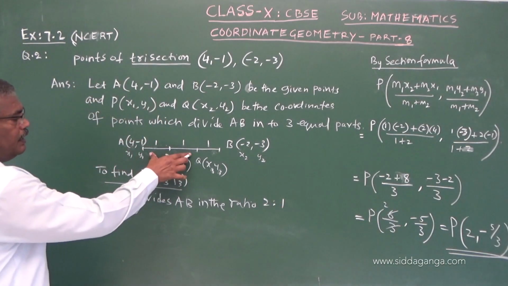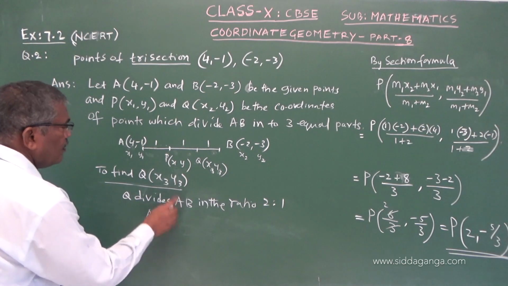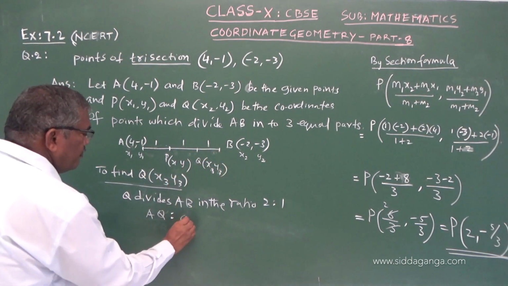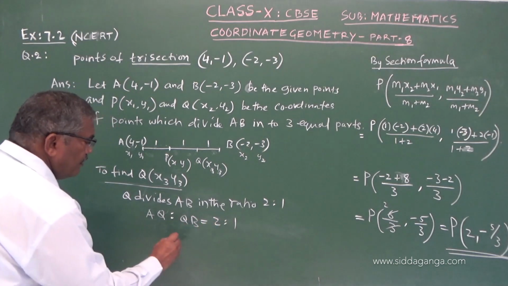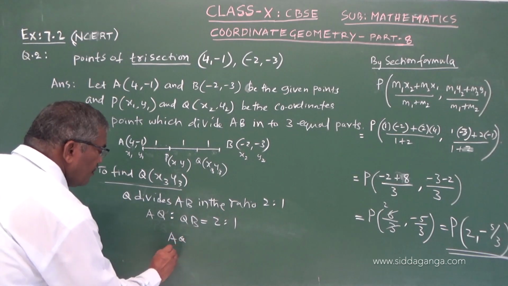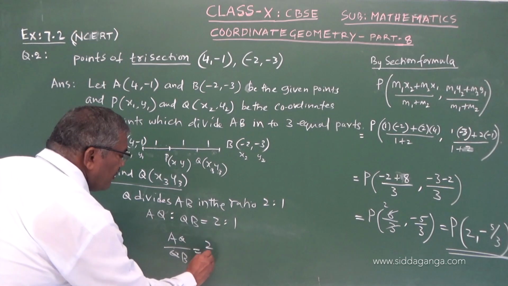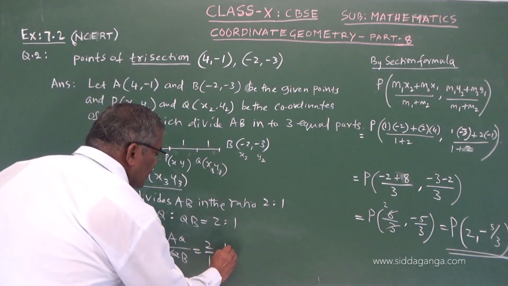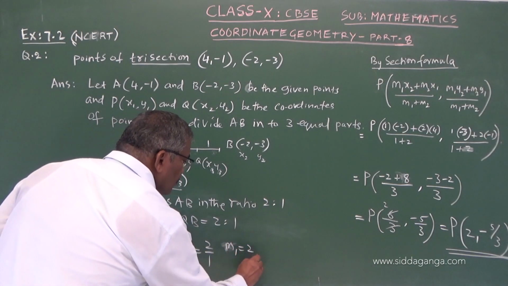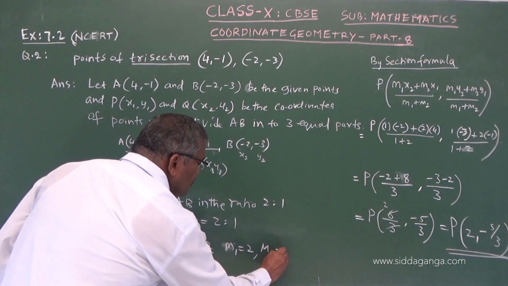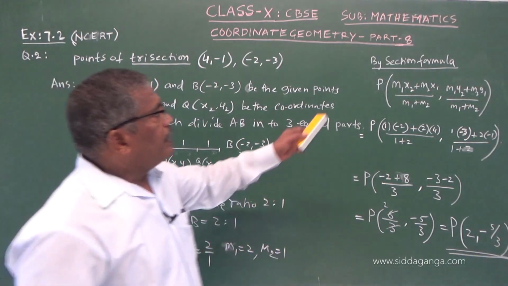You can observe here AQ is to QB equals 2:1. So AQ by QB equals 2/1. Therefore in this case M1 equals 2, M2 equals 1. The M1 and M2 values differ here.